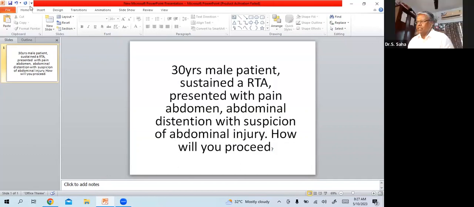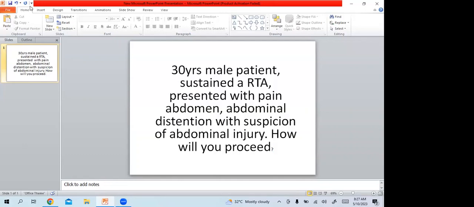Non-operative management. Tell us a bit more in detail. What is non-operative management? Sir, basically we will give conservative management, and also do serial abdominal examination along with follow up, along with serial FAST.